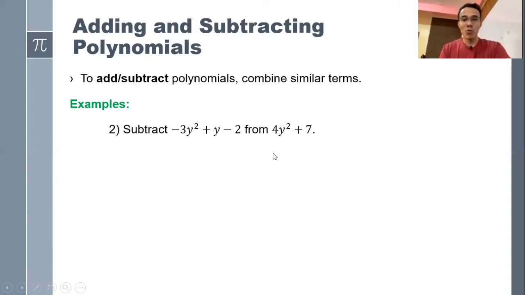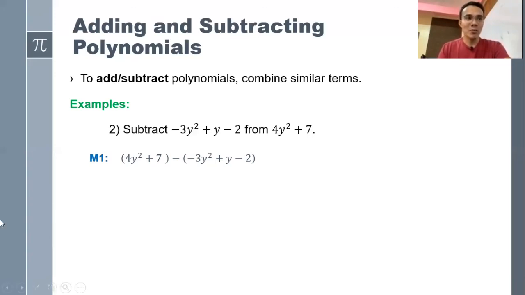It means that we are going to write 4y squared plus 7 first, and then minus negative 3y squared plus y minus 2. Our next goal here is not to group similar terms together. Not yet. Why? Because of the negative sign here. We have to consider the negative sign here first before we proceed to the step grouping similar terms together.